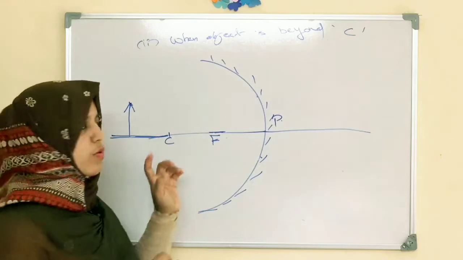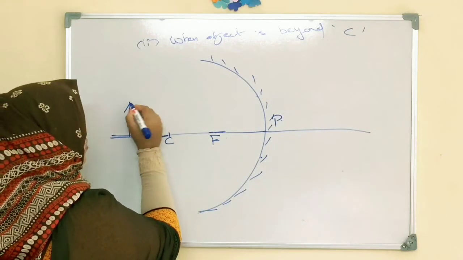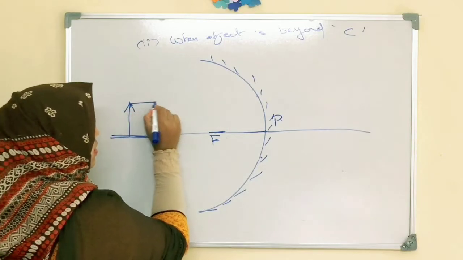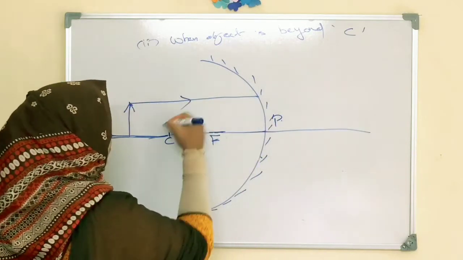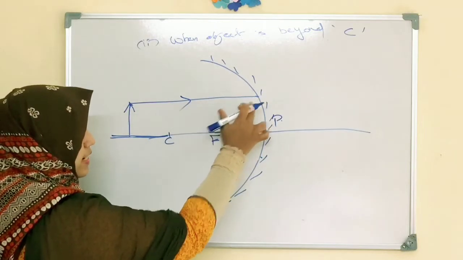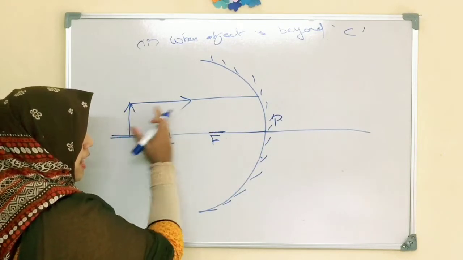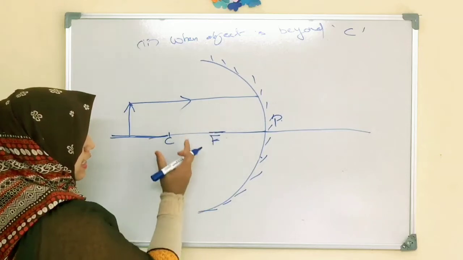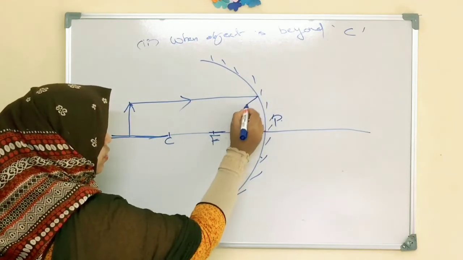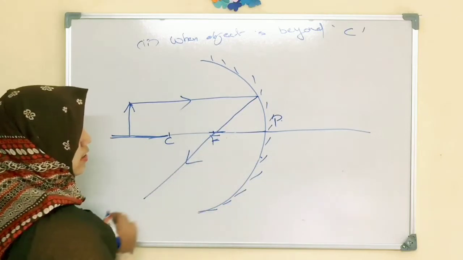Using the first rule, friend, you should start from the top of the head of this object. This is the first rule for obtaining image. The incident ray is parallel to the principal axis. After reflection, it passes through focus.